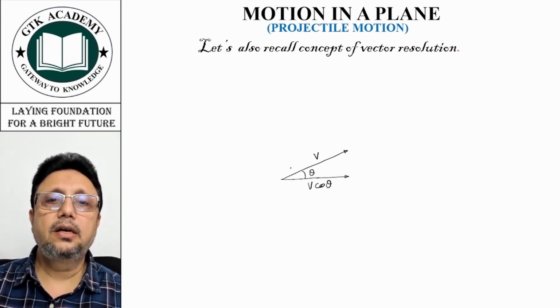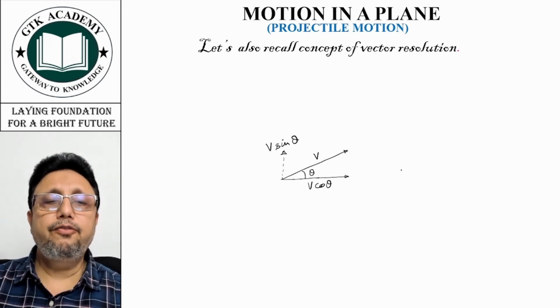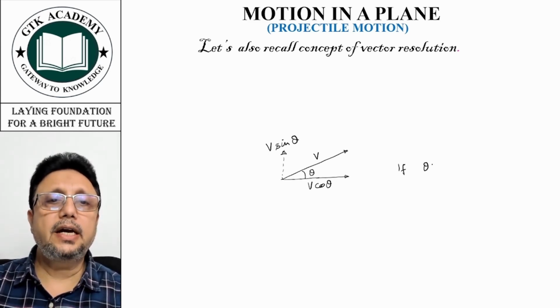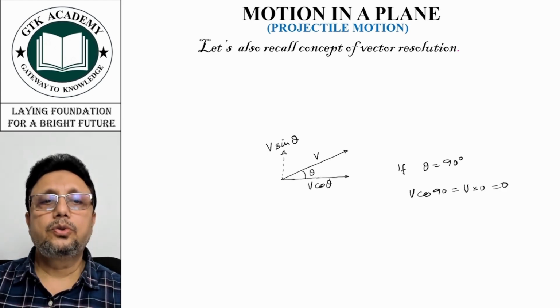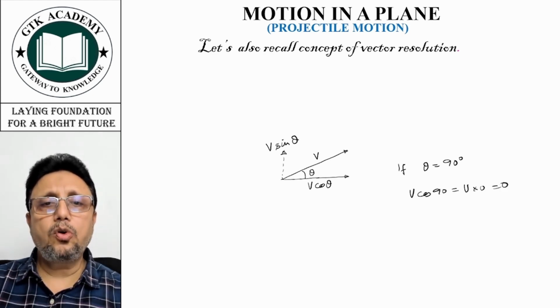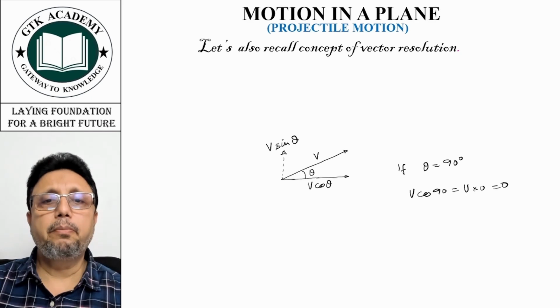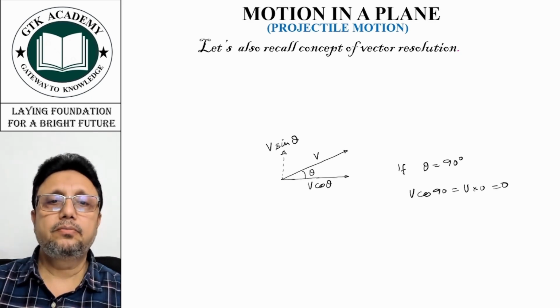So this is v cos theta, and perpendicular to this is v sin theta. Now if theta is equal to 90 degrees, what happens? v cos 90 is equal to v into 0, that's 0. So that means there is no component of v perpendicular to that.